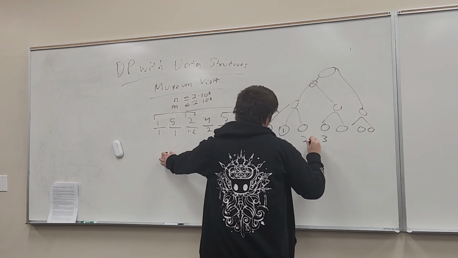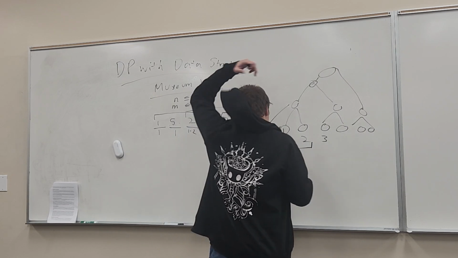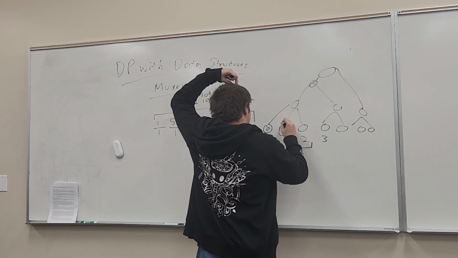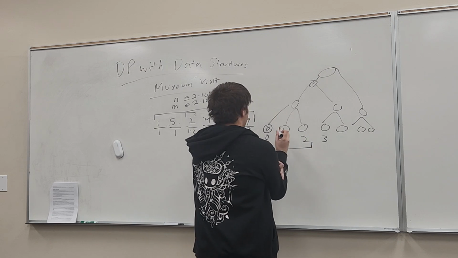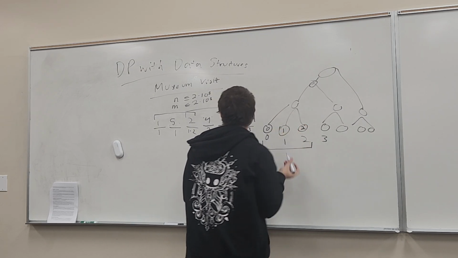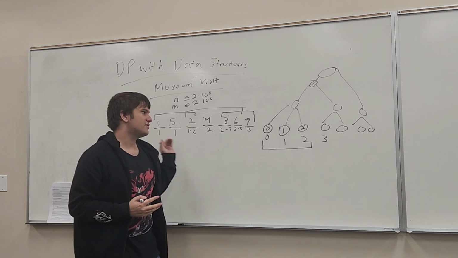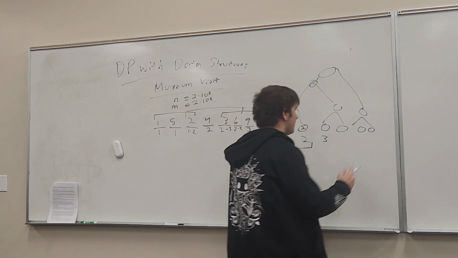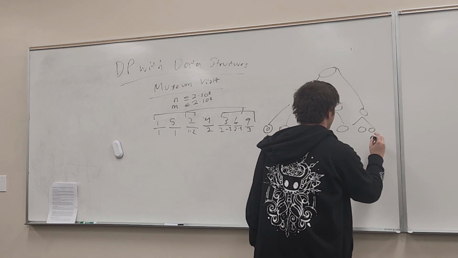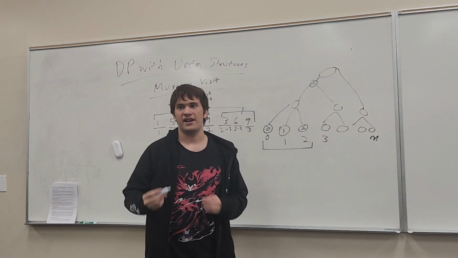Since this solves 1 to 2, we can query everything from 0 to 2. We get our min here, which would be 0, and then add 2, so we get 2. And that covers both of the ranges there. Then we can just keep doing this, and whatever ends up in our last spot here, that's going to be our answer.